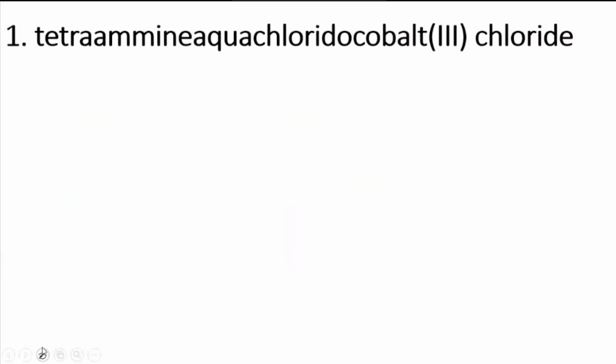Here is the first compound which I have taken. By seeing the compound, can you identify which type of complex it is? By now you should have got an idea. Cationic, anionic or neutral, by seeing the name?